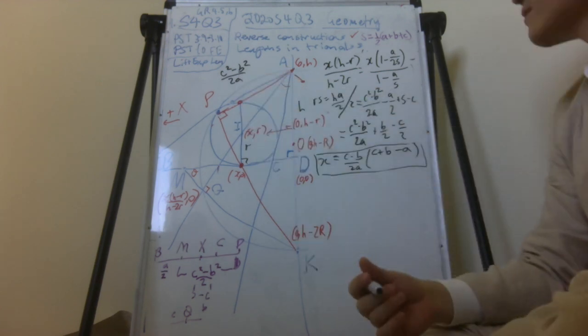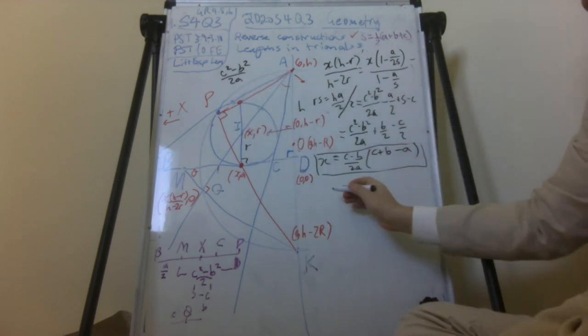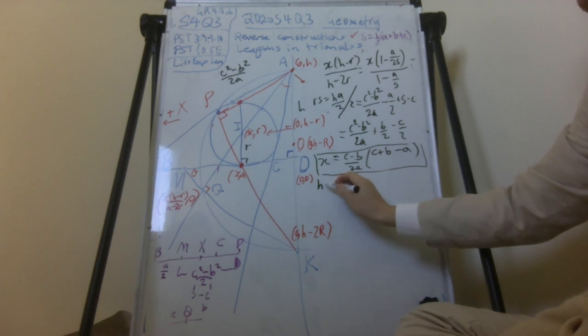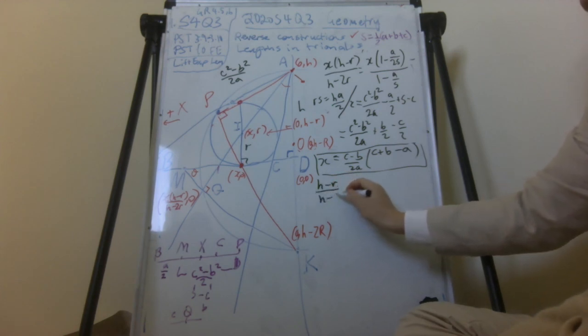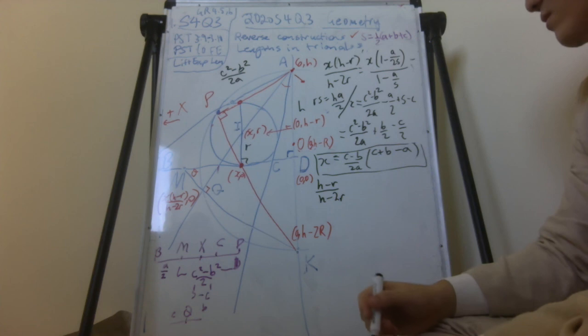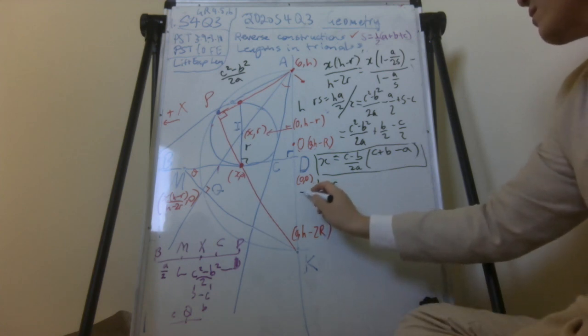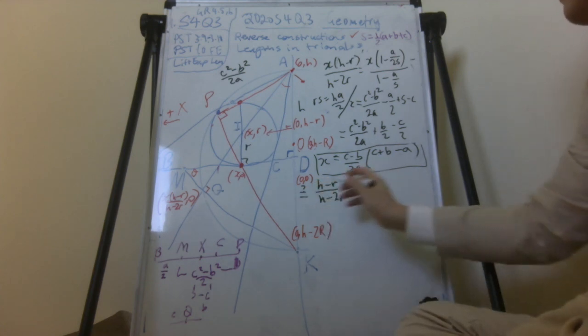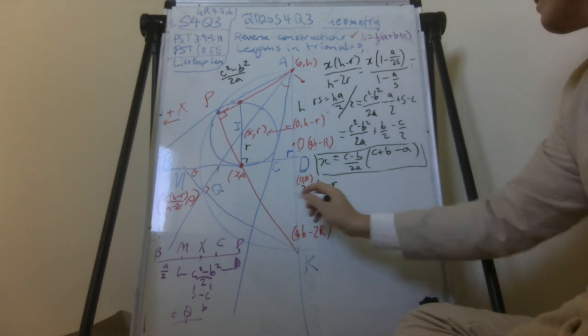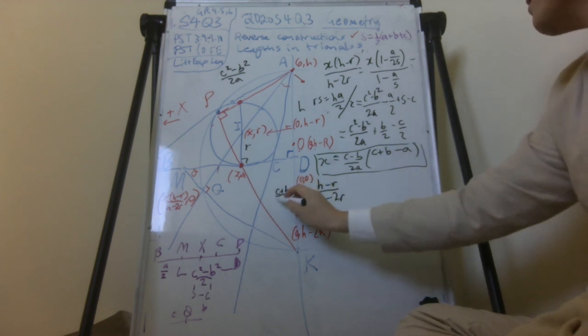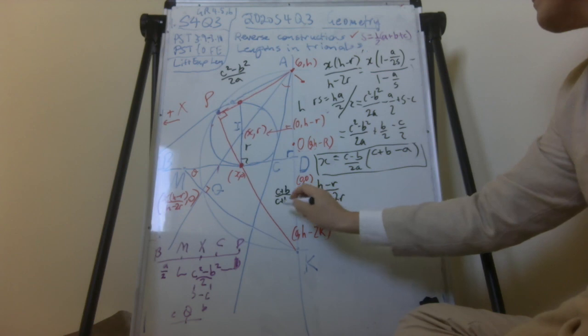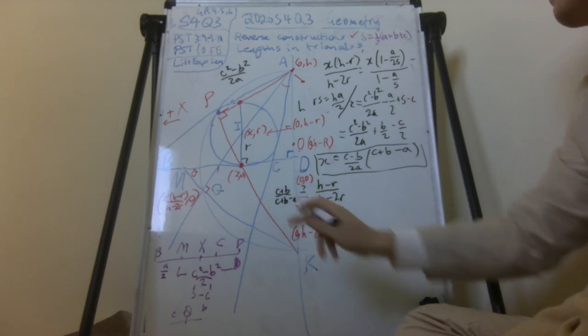So now we just need to show h minus r on h minus 2r is equal to c plus b on c plus b minus a, right?